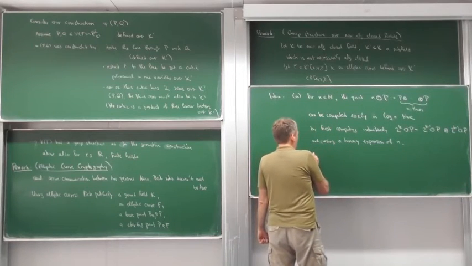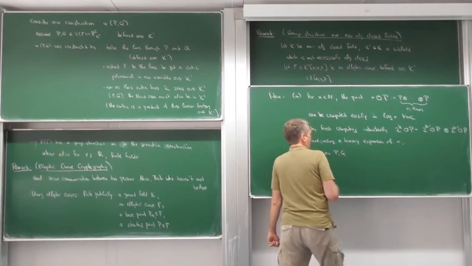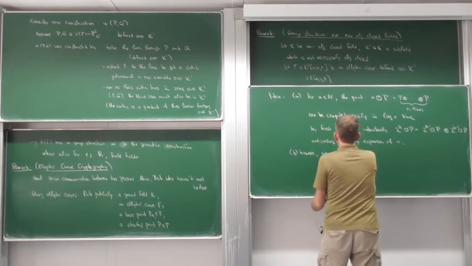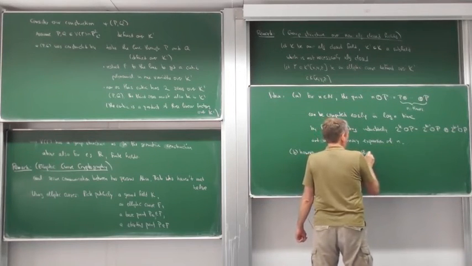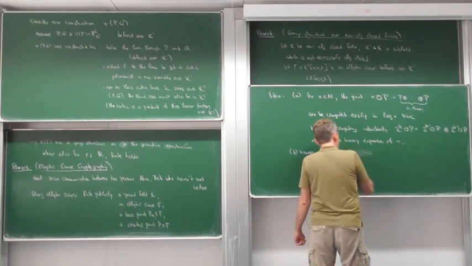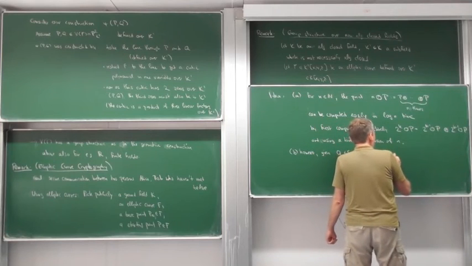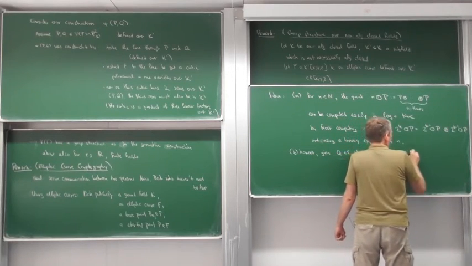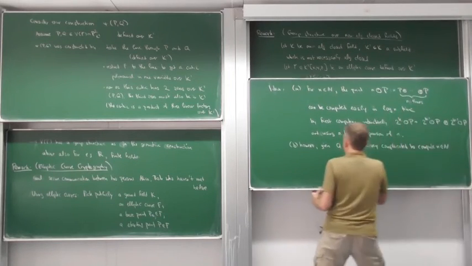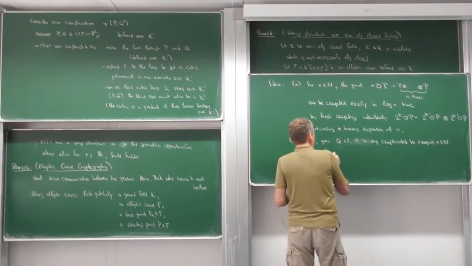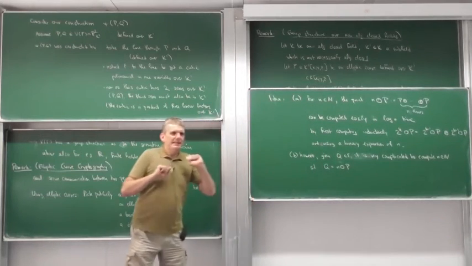However, given P and Q, where P is fixed, so given Q in F, it is very complicated to compute a natural number n such that Q is n times P.